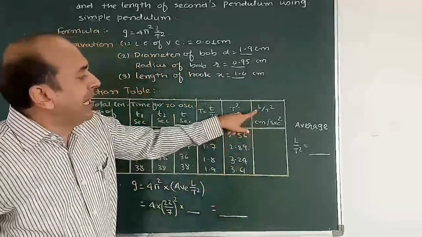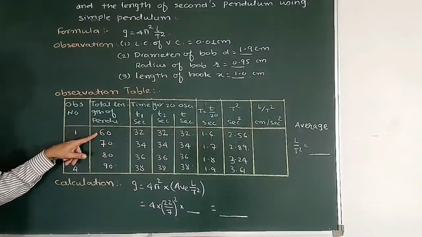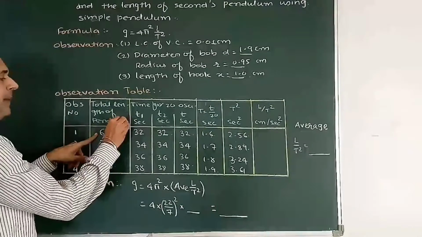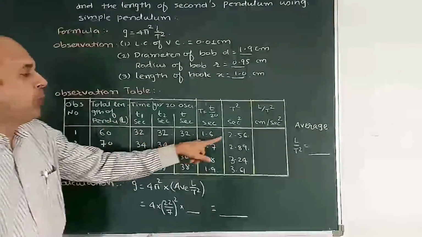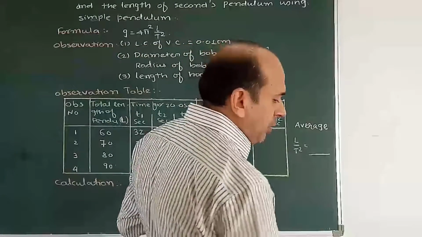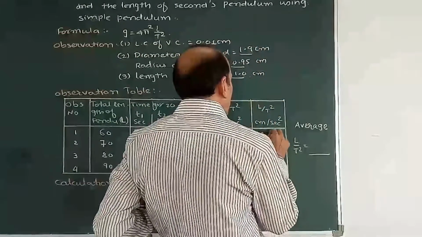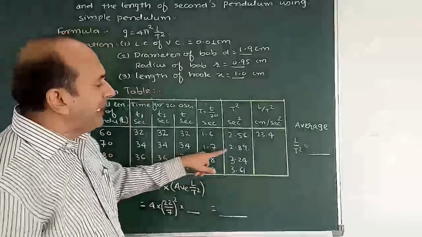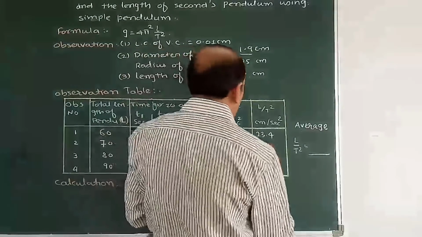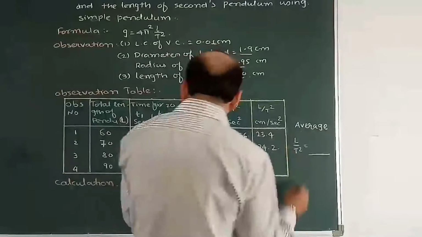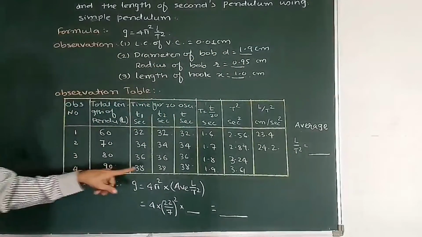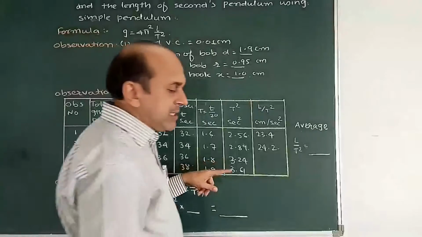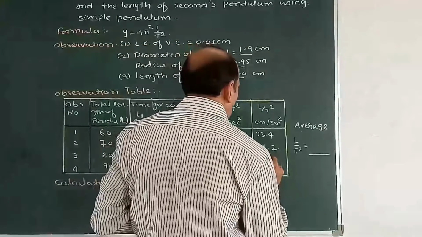Now let me find L by T square. L means the length of the pendulum. Dividing by 2.56, the answer is 23.4. Similarly for 70, dividing by 2.89, it is 24.2. For 80, dividing by 3.24, it is 24.7.